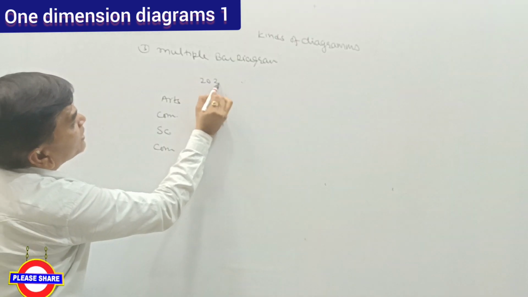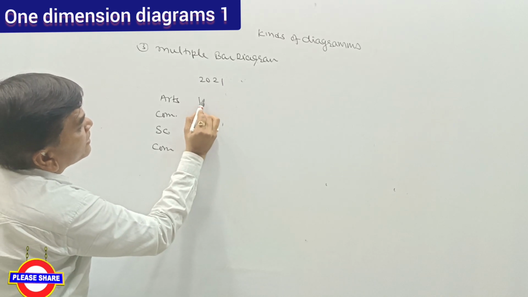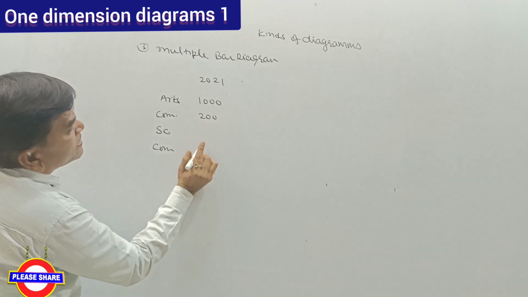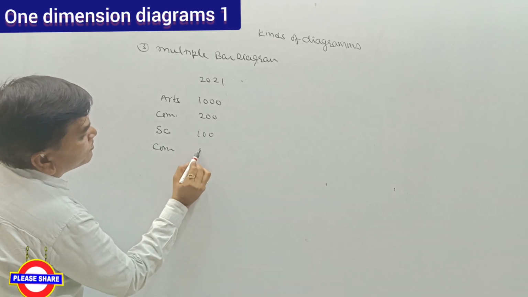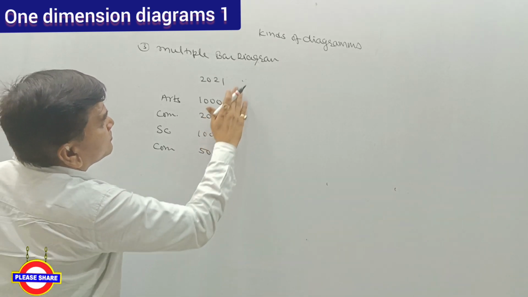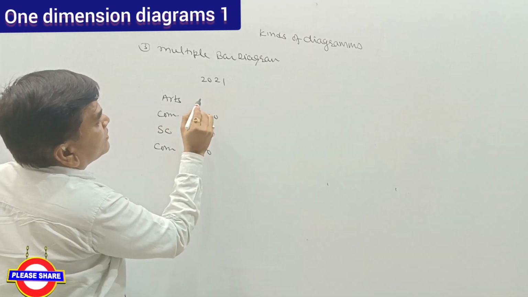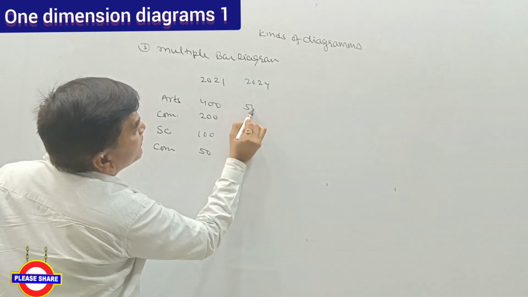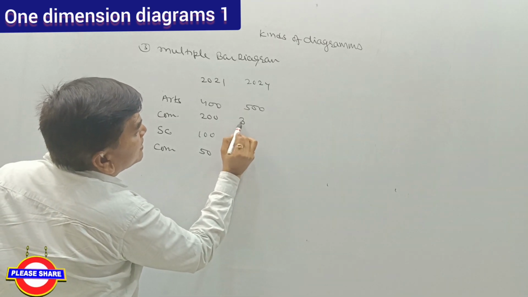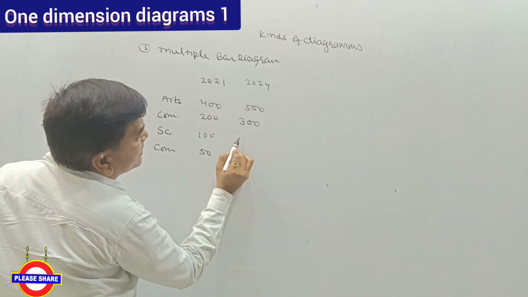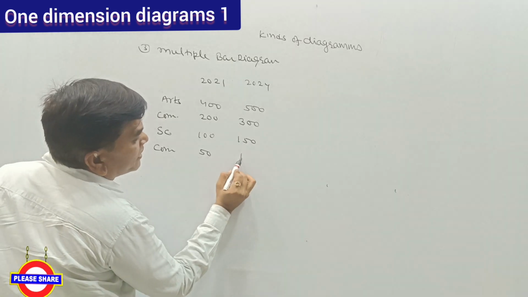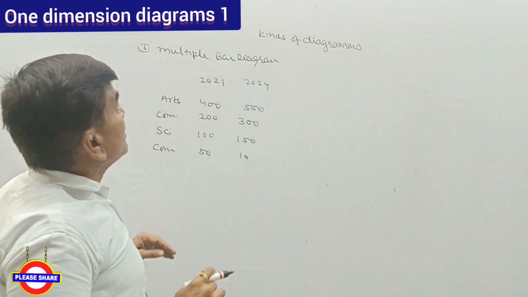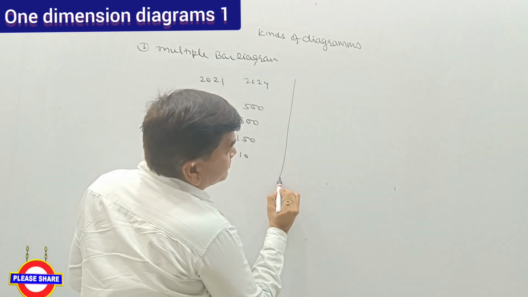In 2021, arts has 1000 students, commerce 200, science 100 and computer 50. In 2024, arts is 400, commerce 500, science increased to 150 and computer decreased to 10. So with the help of this, we have a multiple bar diagram.